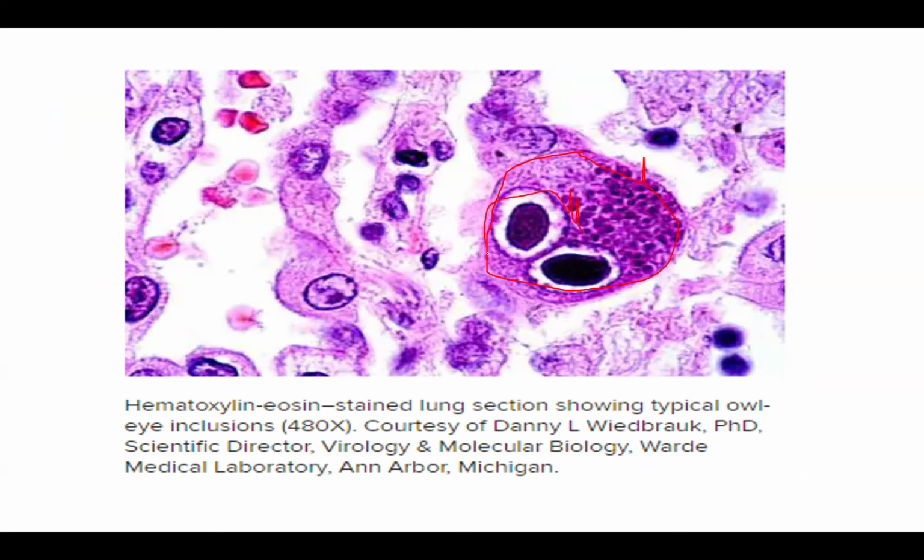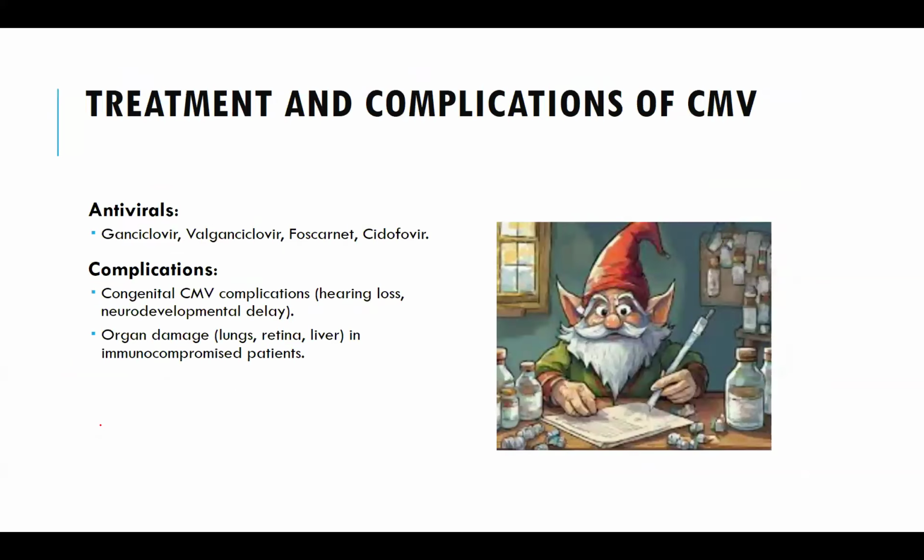And then you see this owl's eyes. This is one eye. This is the other. I just need to add little ears here and here, and then you have your owl, provided you add on this body. So that's what we mean. This is the owl's eye appearance of the virus on histology.